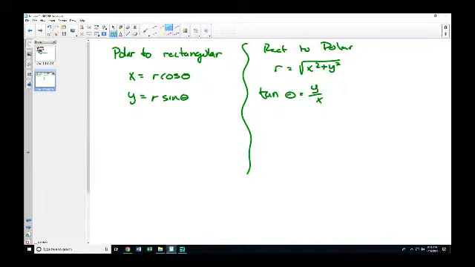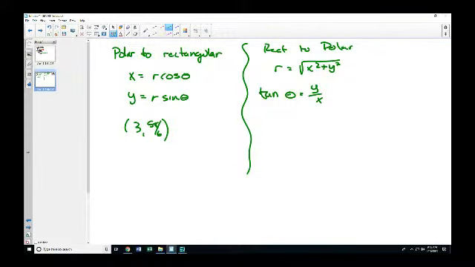So tan theta equals y over x. Right. Do you want me to run through an example? Sure. So how about we have 3, 5 pi over 6.